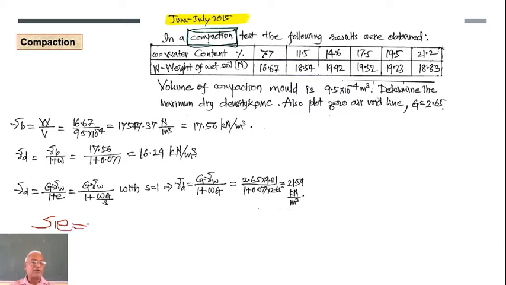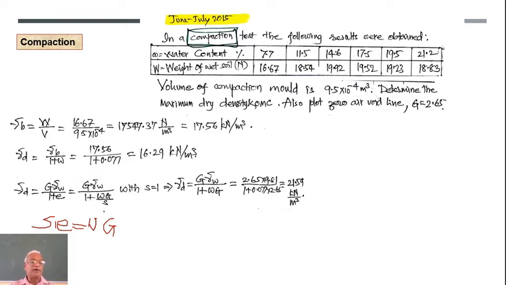From that I can always write E as Wg by S. Only thing is, here the degree of saturation I have to substitute as equal to 1. Or there was one more equation in the earlier problem I have shown, 1 minus Na G gamma W divided by 1 plus E, or 1 plus Wg, sorry, right? So even that equation is also fine.